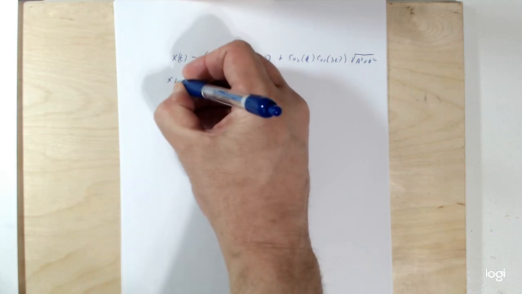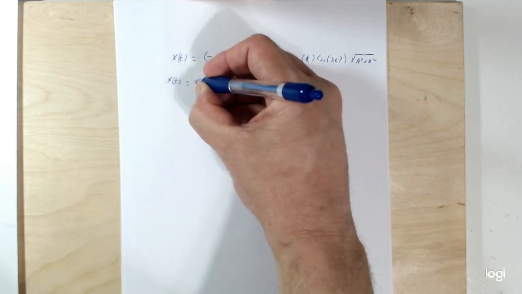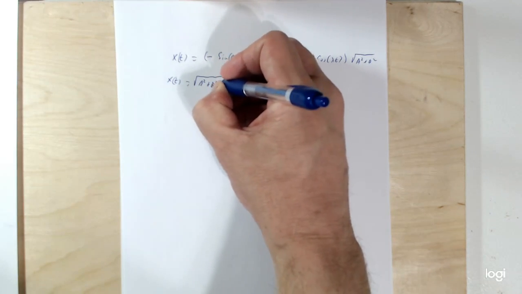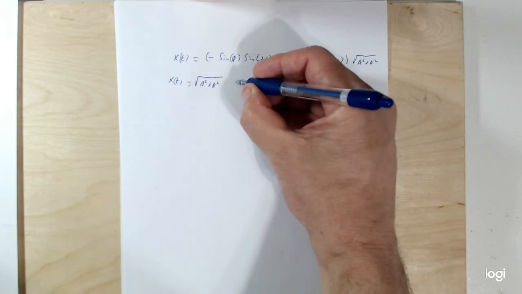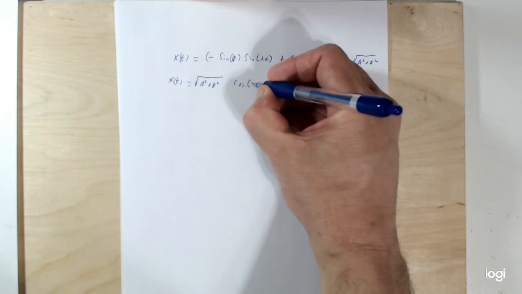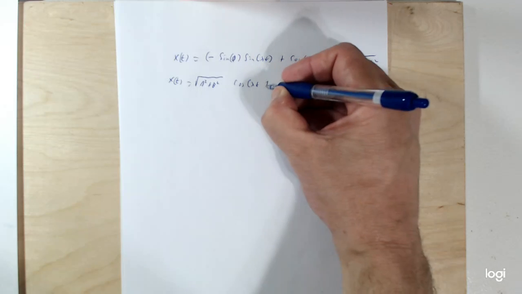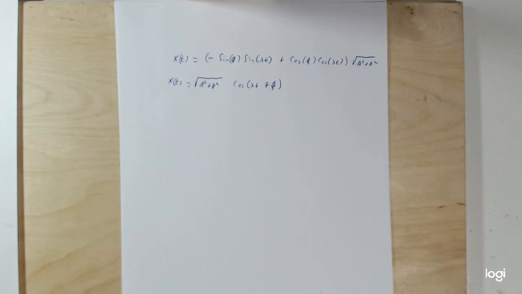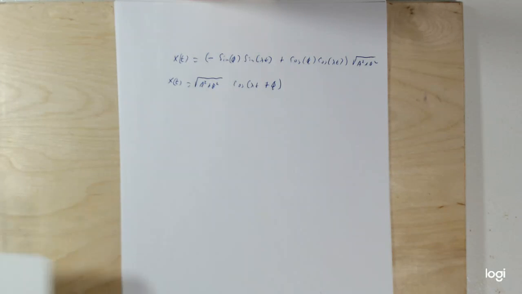So x of t, we're going to get our root a squared plus b squared, and then we're going to get cosine of lambda t plus phi. Okay, I like that because it tells me something about the motion.